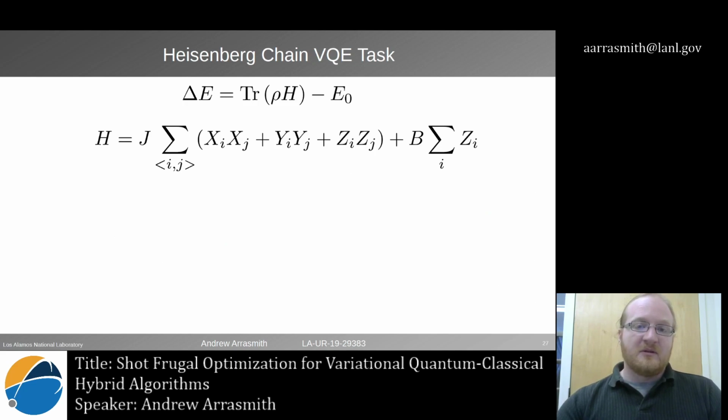And so moving on to the VQE task for the Heisenberg chain, we're instead trying to optimize this quantity, make it as low as possible, where E0 is the ground state energy. Equivalently, for most cases where you don't know this, you're just trying to minimize trace rho h, where rho is the density matrix and h is your Hamiltonian.